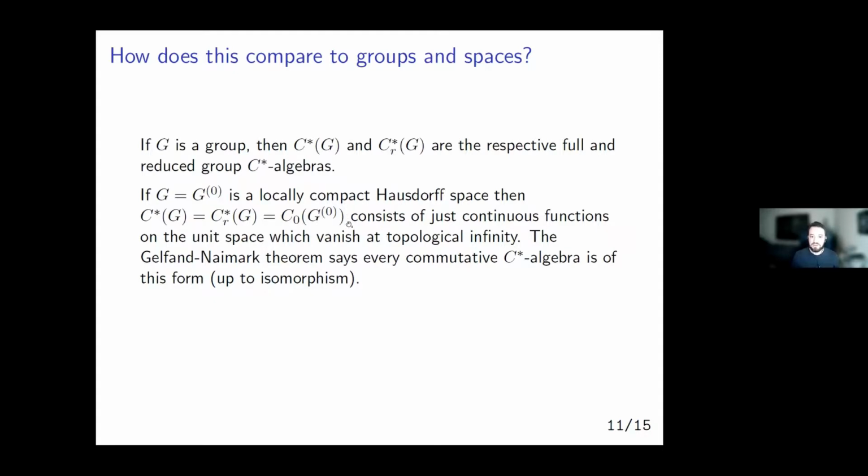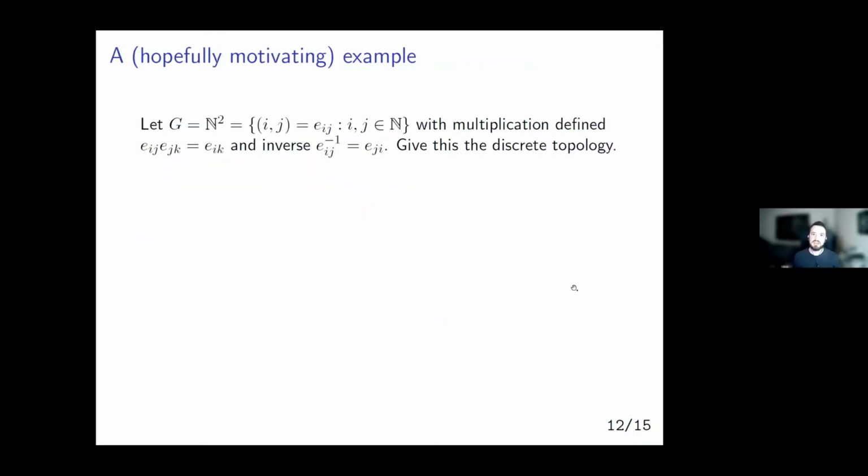So in fact, every commutative C-star algebra is a groupoid C-star algebra, which is pretty cool. So then the interesting stuff happens when you have groupoids that aren't quite groups and aren't quite just spaces. So hopefully this is a motivating example.